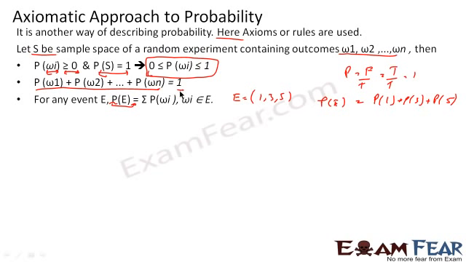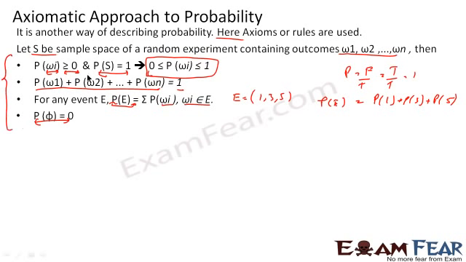This is the convention. P of E is equal to the sum of P of Wi, where Wi is a member of E. And P of phi is 0. If there is no occurrence, then it is 0. These are the common conventions which we use.